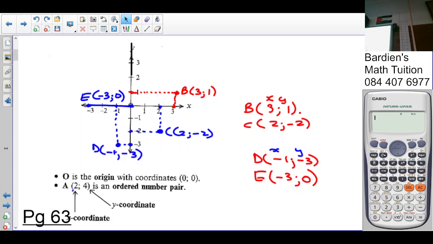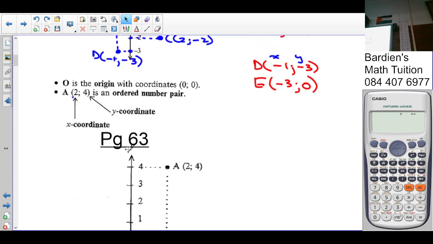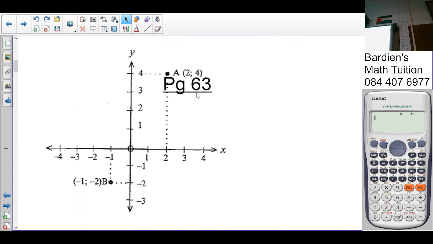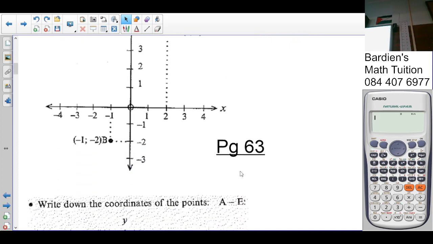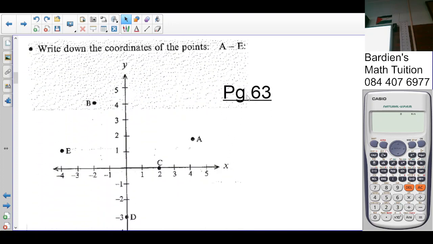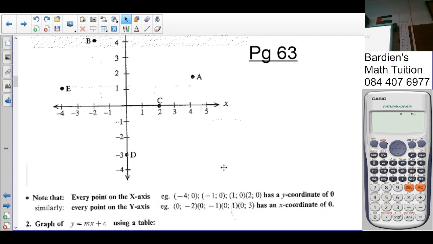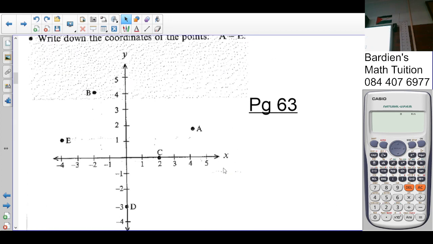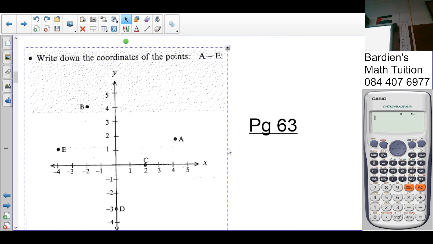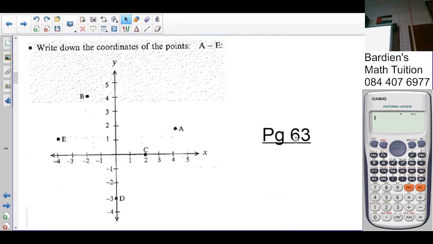So now, there are your coordinates. They plotted the 2 and 4 there. We did our own. Now they want you to write down the coordinates A to E. You must write down the coordinates A to E. Can you all see?